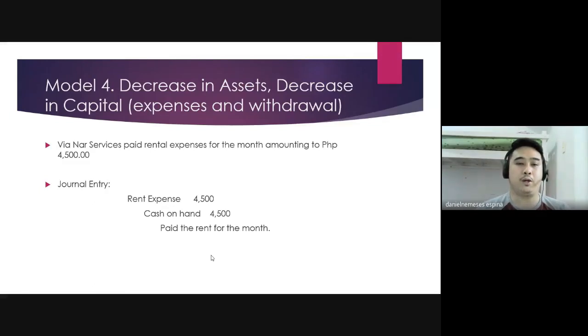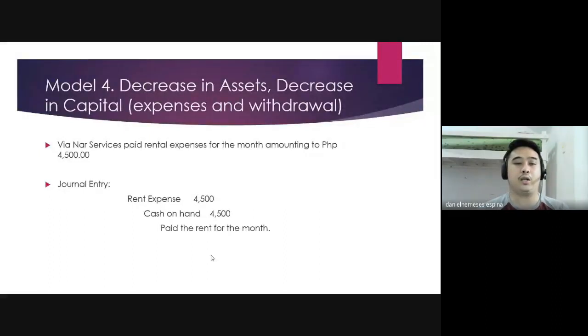So for example, PNR Services paid. Okay? So paid gani, there's a cash outflow. So paid rental expenses for the month amounting to 4,500 pesos. So ang gibayad niya kada month is 4,500. So debit nimo rent expense. Okay? So si rent expense or mga expenses in general have a normal balance of debit.